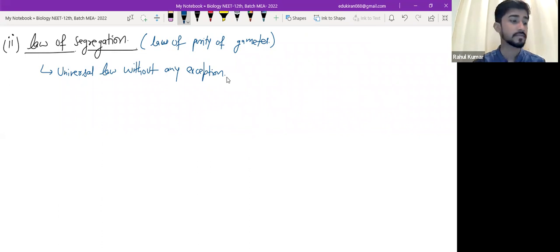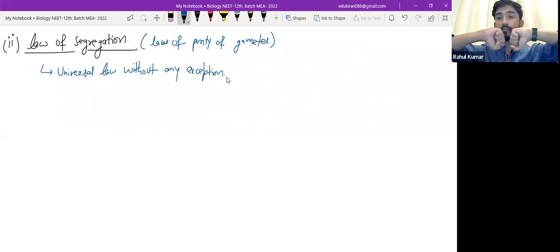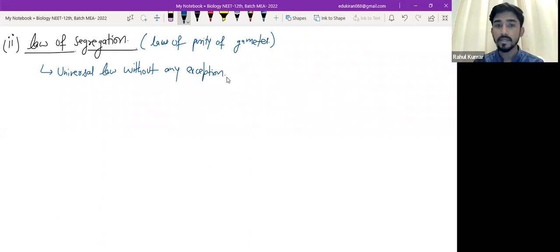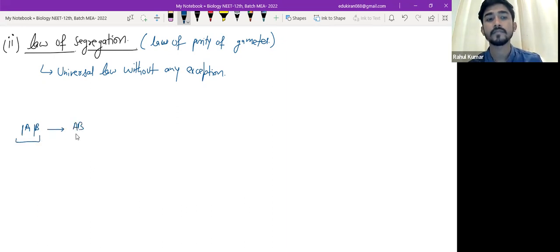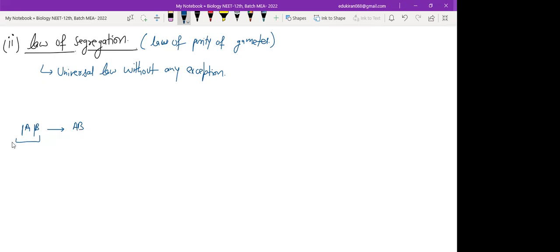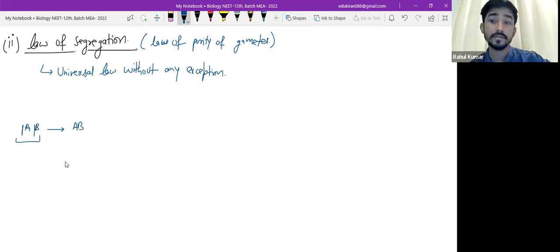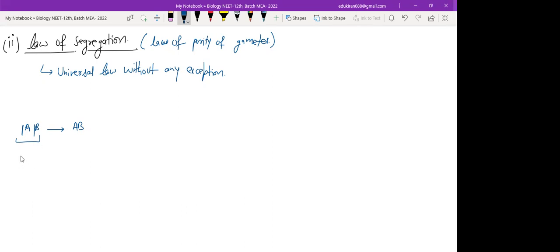So when meiosis happens and half of the chromosomes go one side, half go the other side to make gametes, these two alleles become separate without any blending. Let's say IA and IB, because this is a recent topic, you can understand. When they were present together, what was the blood group? AB, right? Because in blood grouping there is codominance.